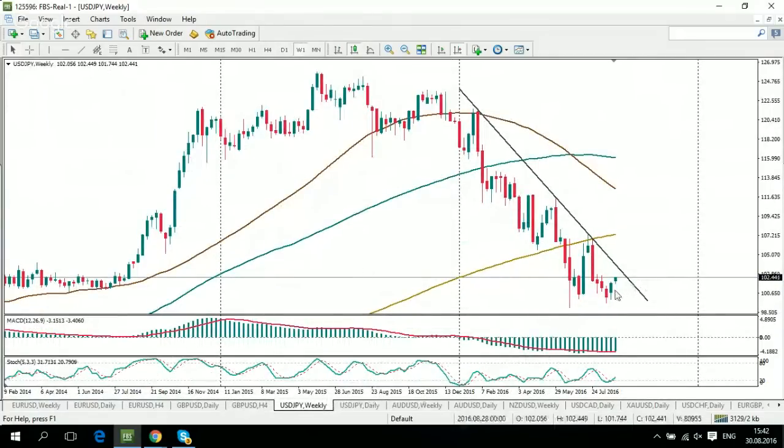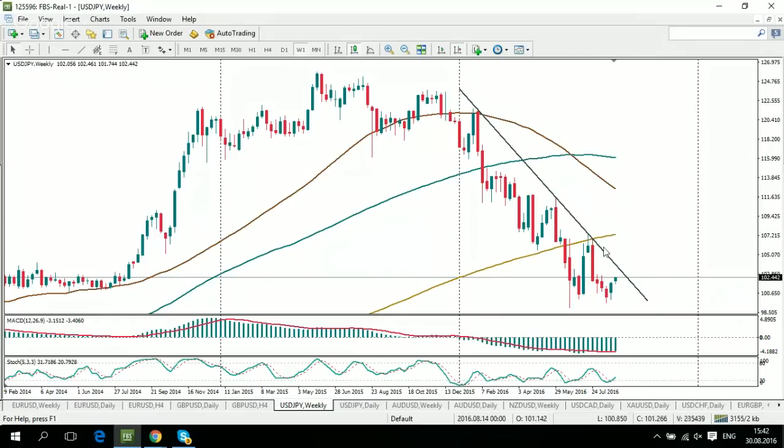We can see on the weekly chart that last week, the pair managed to stay above the recent lows, and despite the fact that it went lower, it managed to close the week on a very positive note, forming a kind of temporary reversal and providing the pair an ability to recover a bit higher and to correct to this long-term downtrend line.